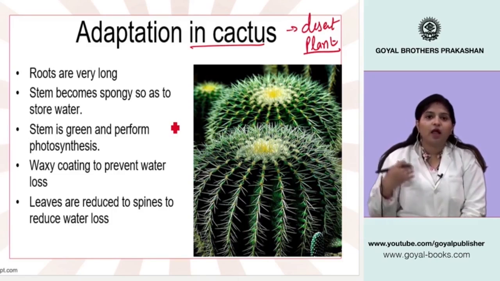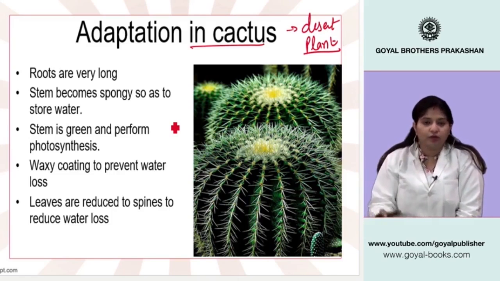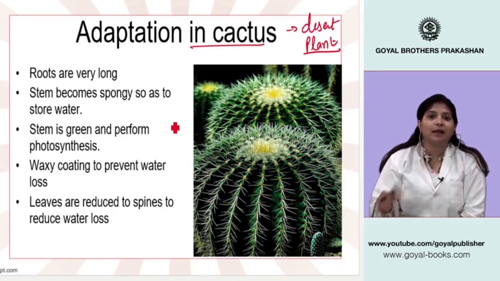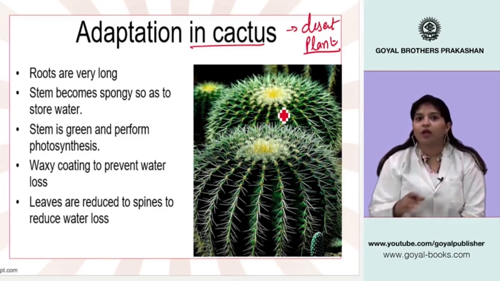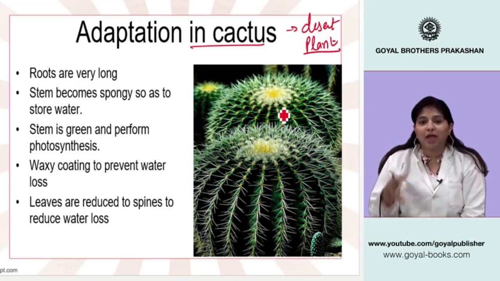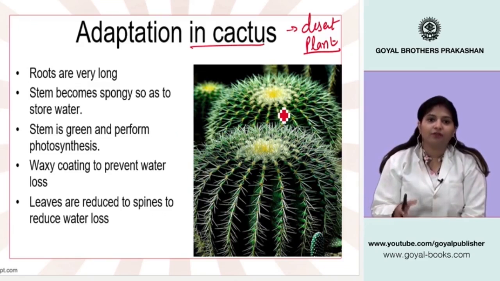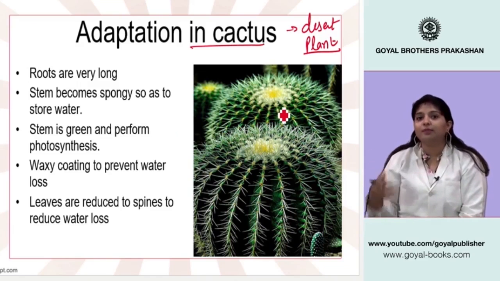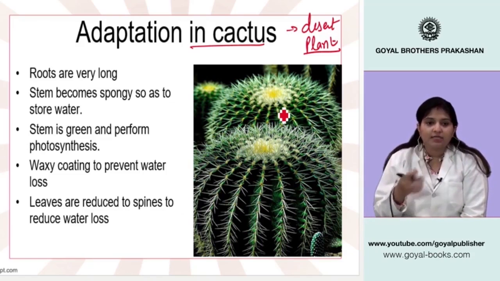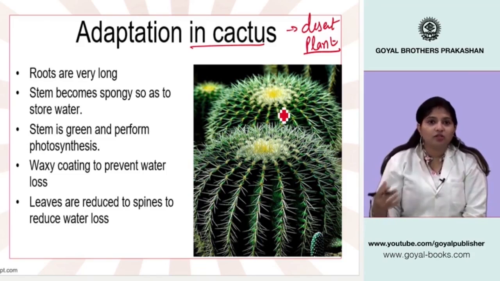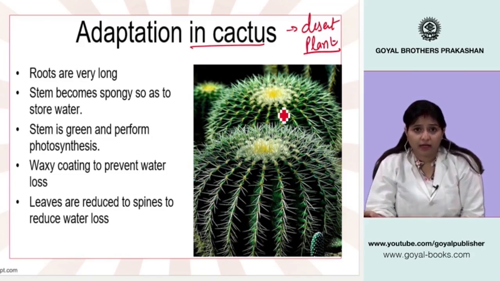As I am teaching you about the adaptation of this particular plant, I would suggest that you look around and compare the changes that we have seen in cactus with the trees and the plants that you have around you, right? So you see what are the changes that are happening, what are the adaptations that are there in a cactus.